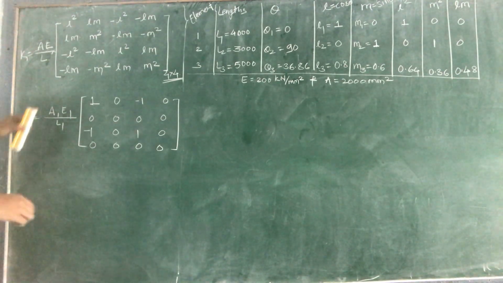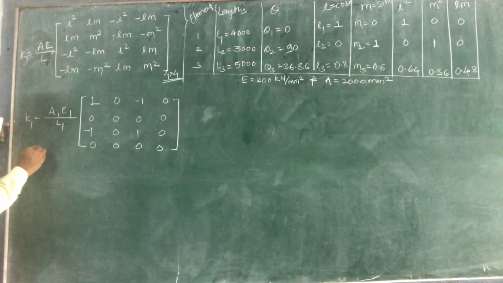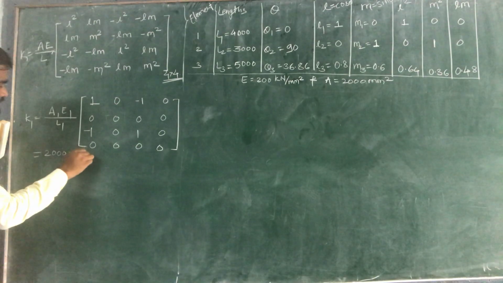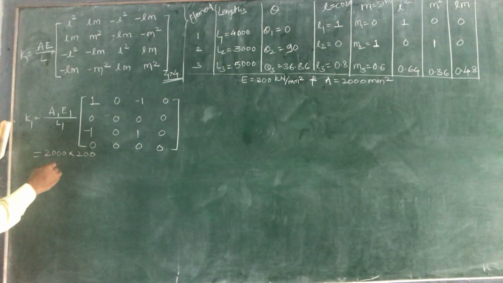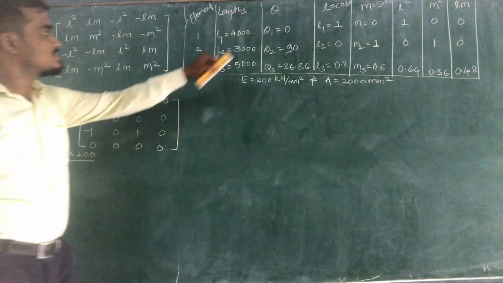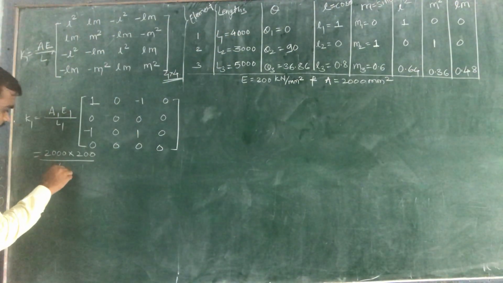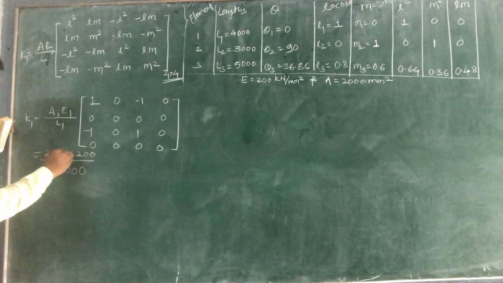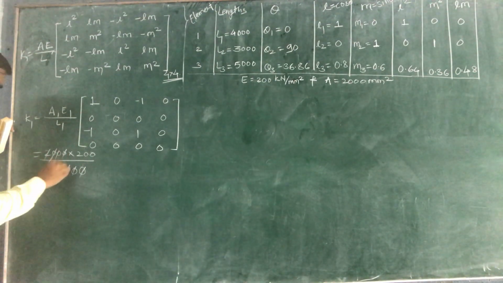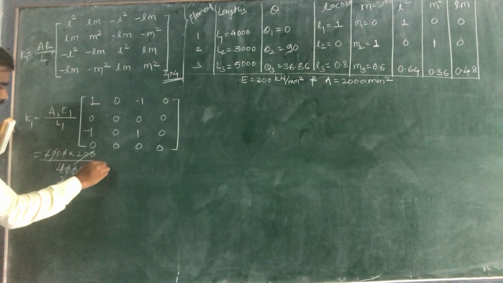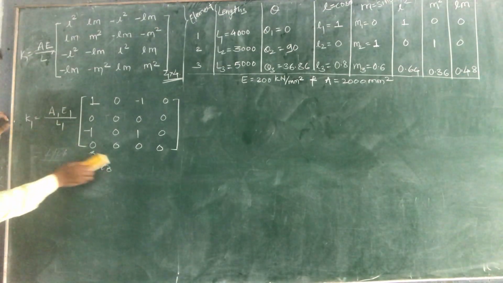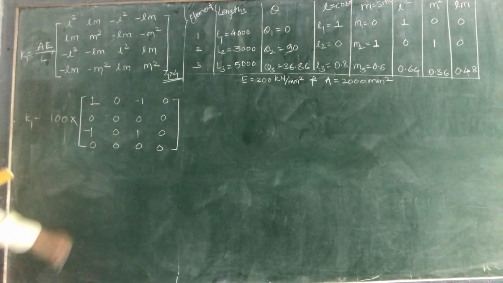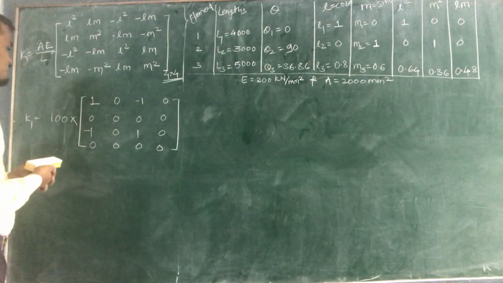Now we need to find out this AE by L value. A, the area, is 2000, E is 200, divided by L1. L1 is 4000. So this will become 100.